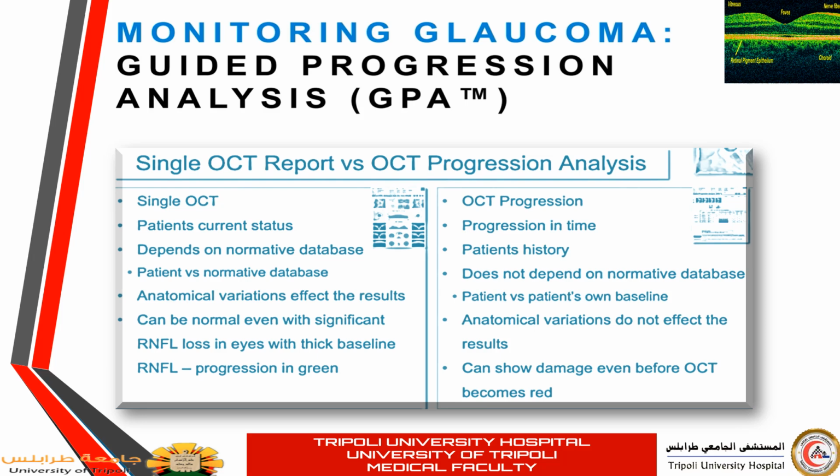The single OCT report gives you information and compares it with the normative data. However, for determination of progression, we need serial OCT readings, at least 3 readings: 2 baseline readings and another reading over a period of time.